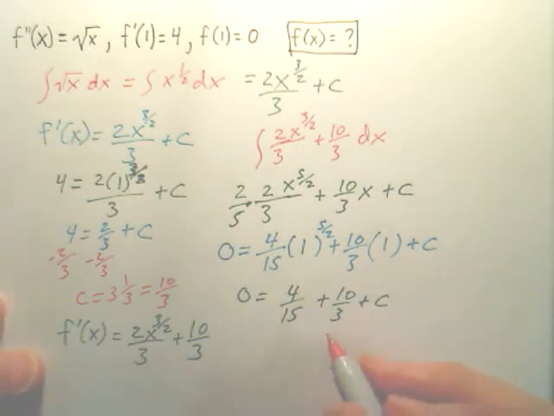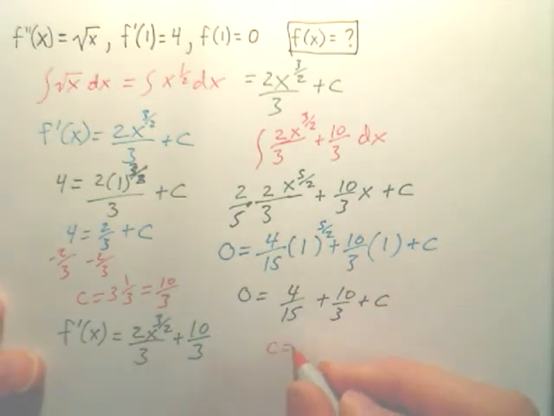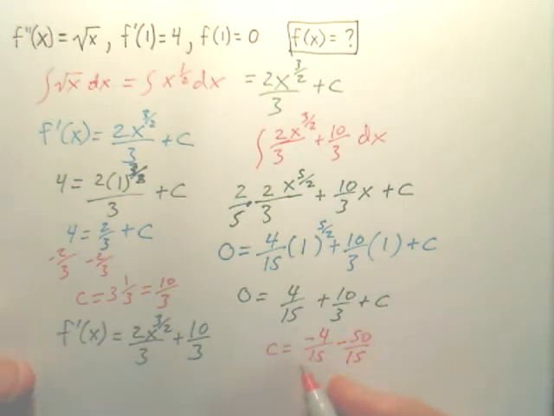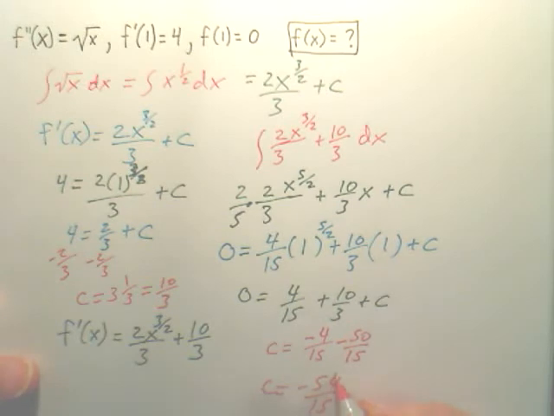Which, when you get c, you have to subtract those both over: negative 4/15 minus, multiply that by 5, 50/15. And so it looks like c equals negative 54/15.